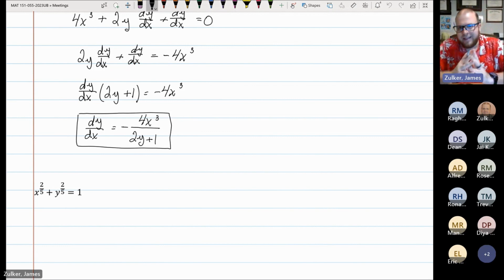This process is much, much simpler in Calc 3 once you learn techniques of Calc 3. But for now, it's going to be a lot of algebra.